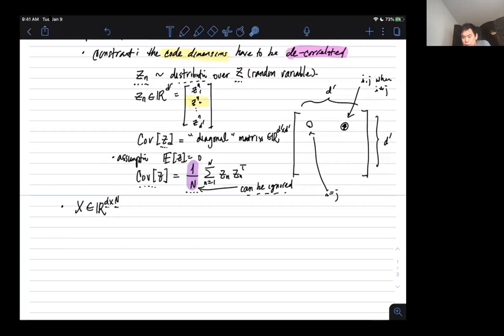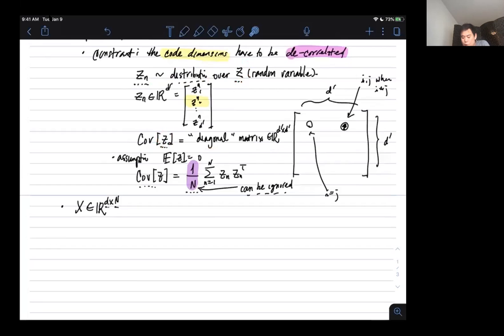And then what we do is that we don't really care about the actual distribution, but we want the covariance of this Z, that is a random variable, not the individual sample, to be diagonal. So that's why this is not the covariance of Zn. Zn is not a random variable anymore because it is already a sample from the random variable Z. So there is no such thing as covariance.